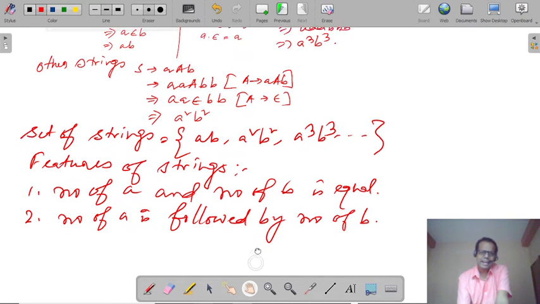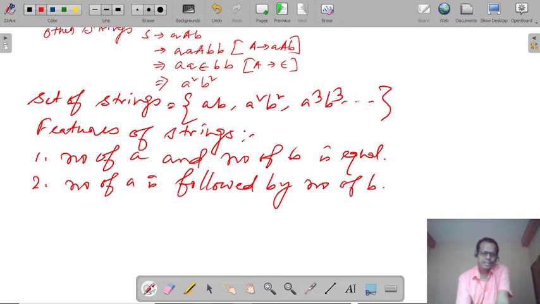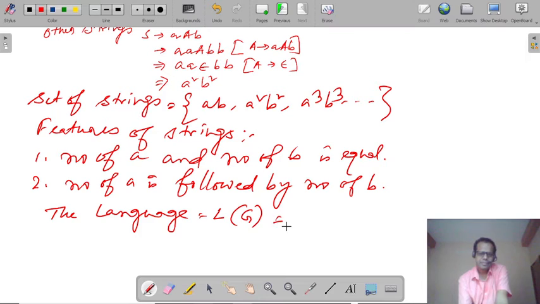So the language they generate, the L of G, is equal to A and B, both will be equal.